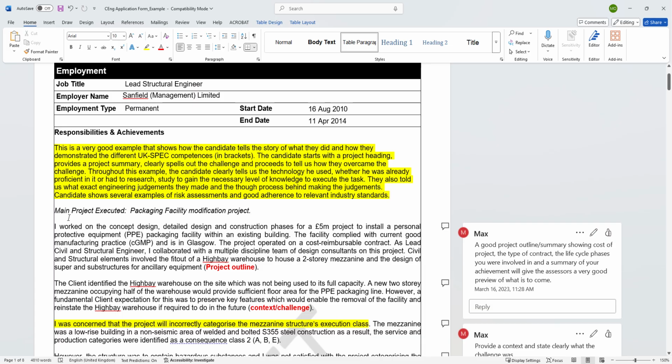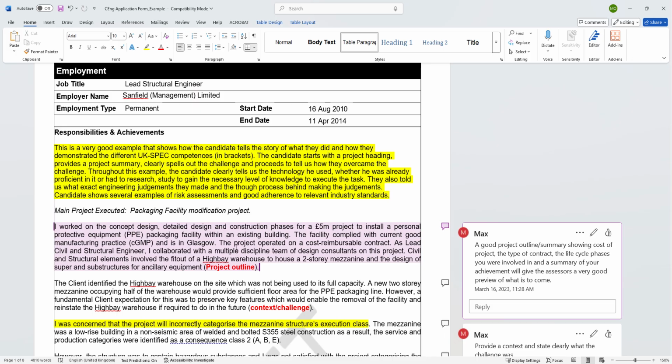So the first project is this one, obviously, in the candidate's role as a lead structural engineer. Main project executed, packaging facility modification project. And the candidate says, I worked on the concept design, detailed design, and construction phases for a £5 million project to install a personal protective equipment PPE packaging facility within an existing building. The facility complied with current good manufacturing practice and is in Glasgow.